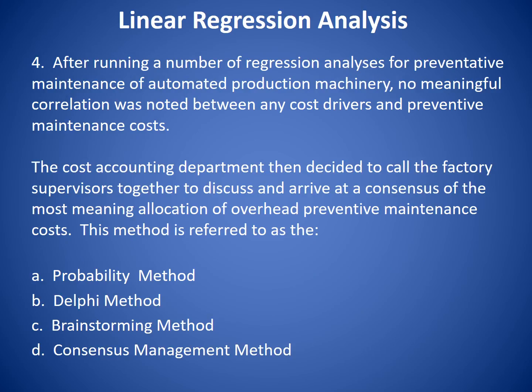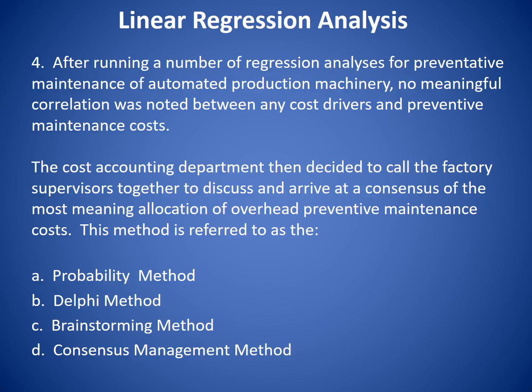Question number 4. After running a number of regression analyses for preventive maintenance of automated production machinery, no meaningful correlation was noted between any cost drivers and preventive maintenance costs. So they weren't able to come up with anything statistically.